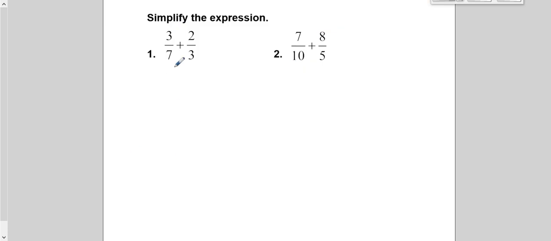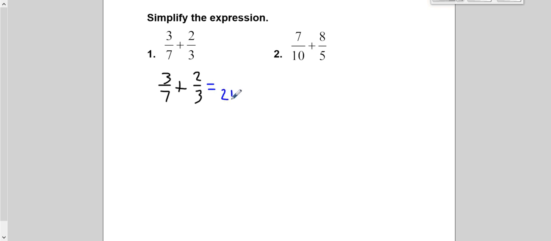If we are adding these 2 fractions, first thing we have to do is get a common denominator. One way to get a common denominator is to multiply the 2 denominators together. So 7 times 3 is 21.